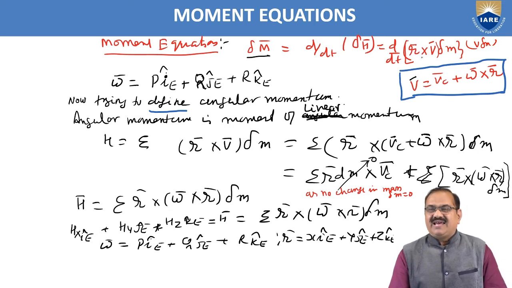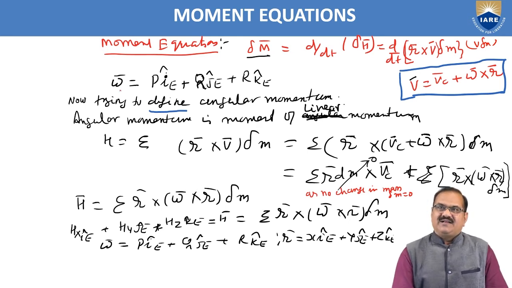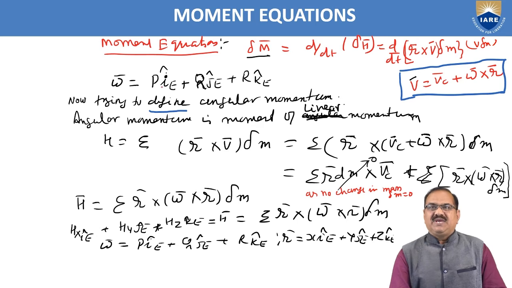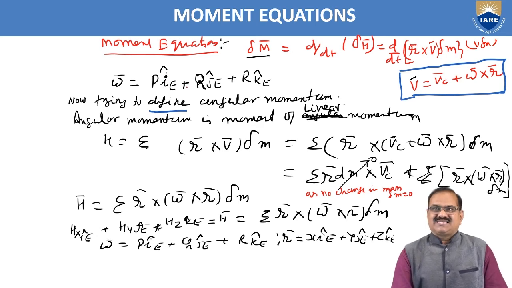See here r cross v bar dm, and here omega is equal to p i_e plus q j_e plus r k_e, where p, q and r are the angular rates. Okay, now trying to define angular momentum.